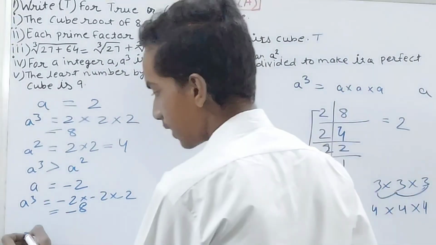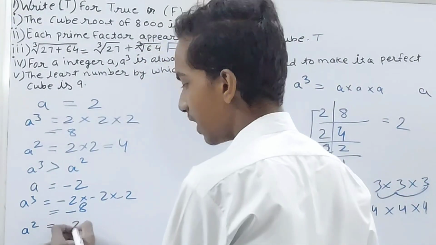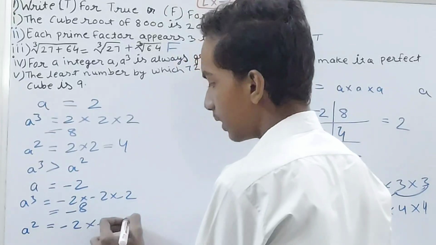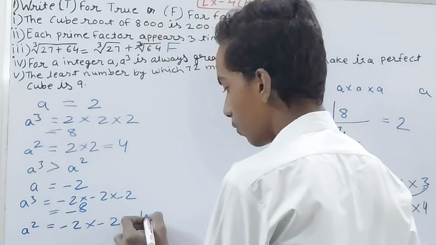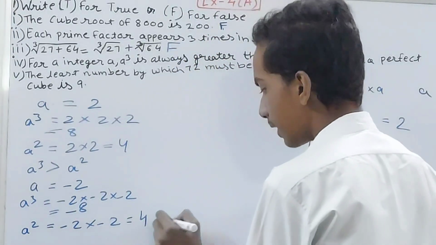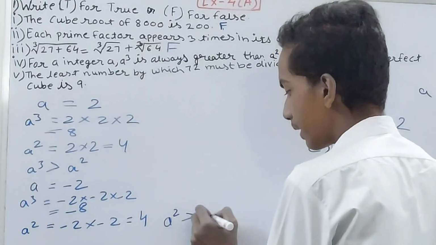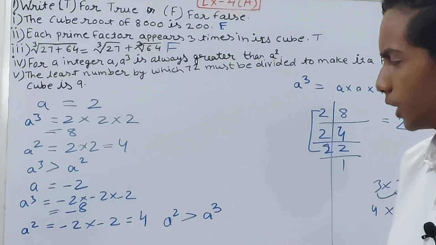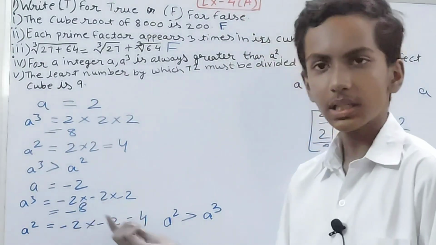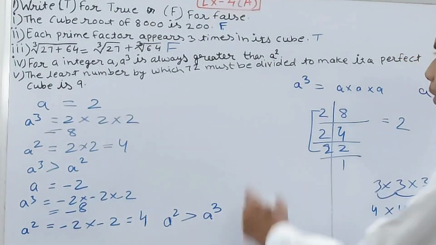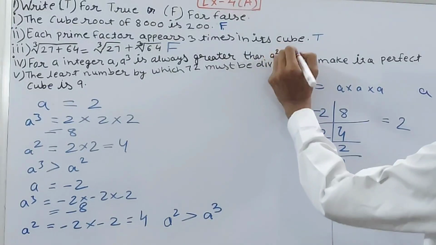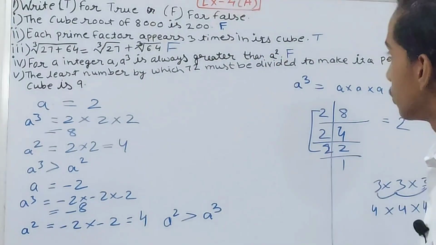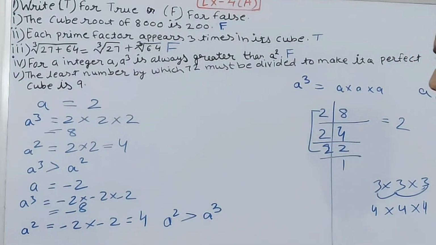Now a square will become minus 2 into minus 2, that will be plus 4. So here what is happening? A square is greater than a cube in the case of negative integers. You can see a cube is minus 8, a square is plus 4. Therefore this is not always correct. Sometimes it is, but not always. So this will be considered false.